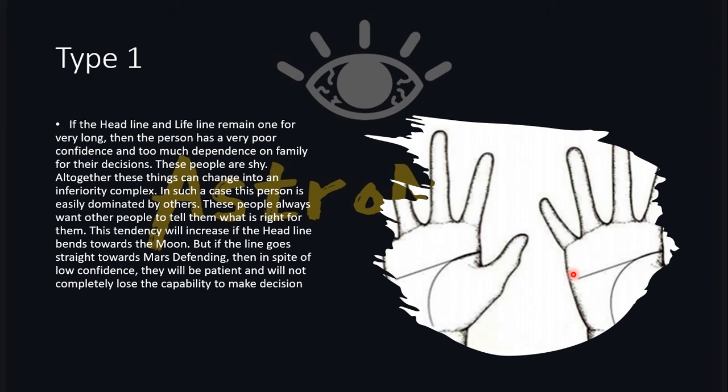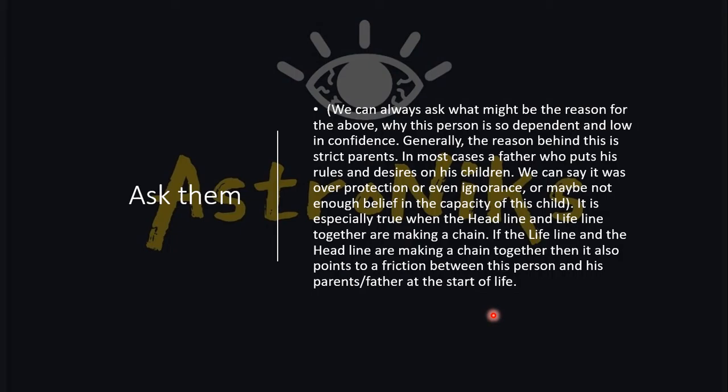But we need to remember one thing: the people who have this kind of line might have strict parents, and there might be a father who puts some rules and desires on these children. So we can say that they will be overprotective and even ignorant.